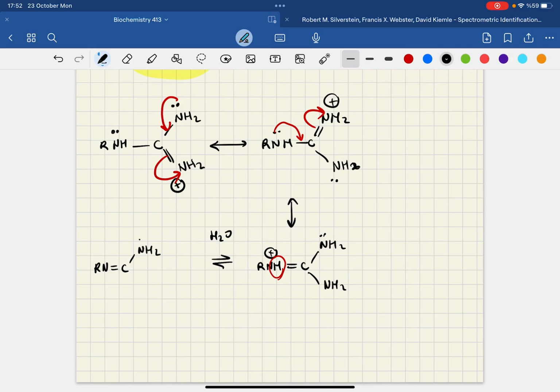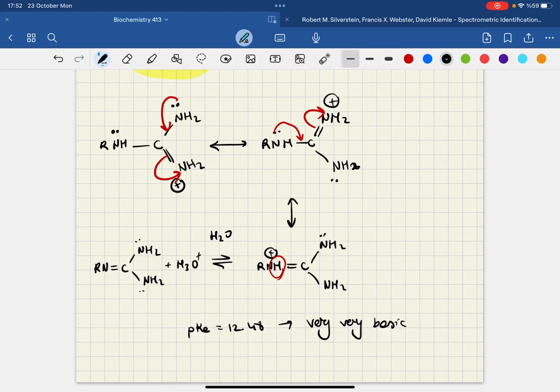And H2, and we have valence electrons, and H2 valence electrons plus H3O. This is our hydronium. All right, and the pKa of this is 12.48, which means very, very basic.